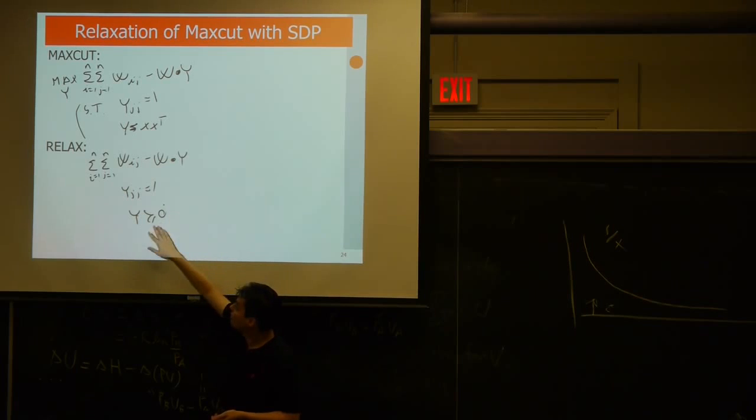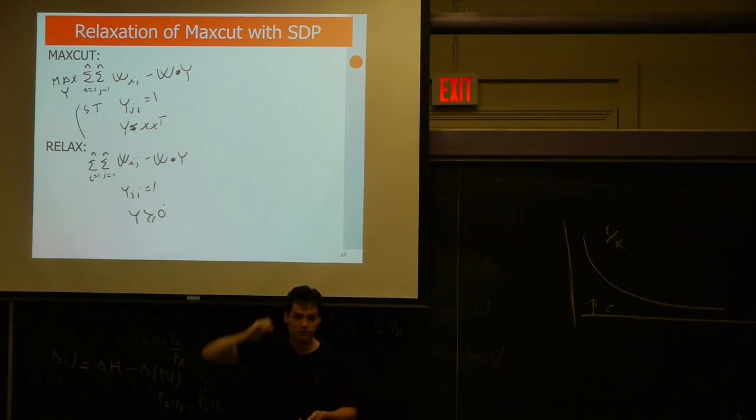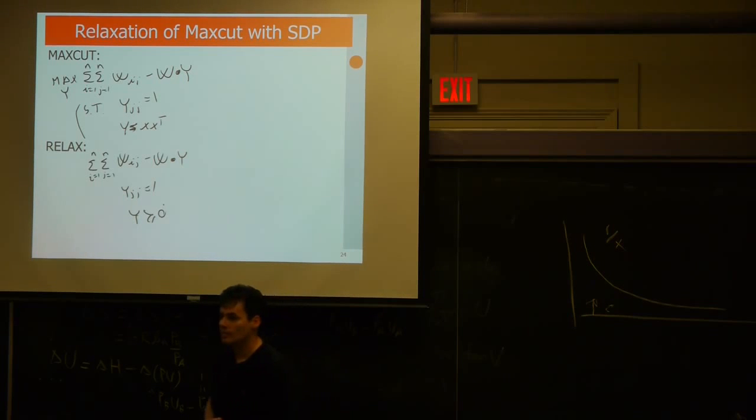So if we optimize this, where the diagonals are all 1 and y is PSD, then it will be a relaxation of the original problem, but quite often it gives a good enough result. Suppose we get a solution y star, and we factorize it into x star x star transpose. There's no way to guarantee that the single entries of x will be -1 or 1.